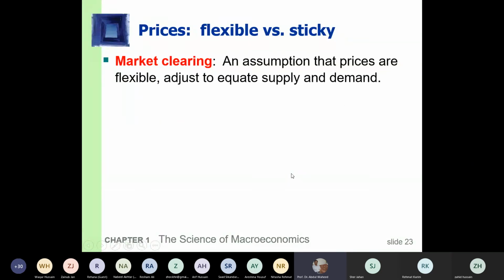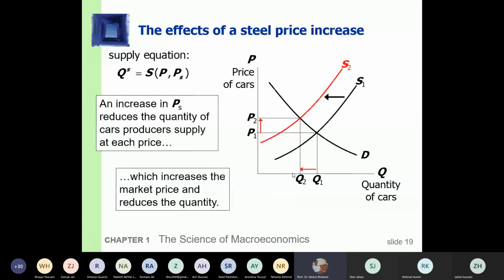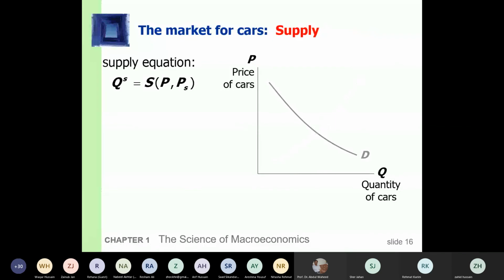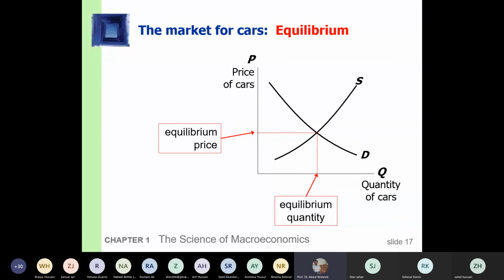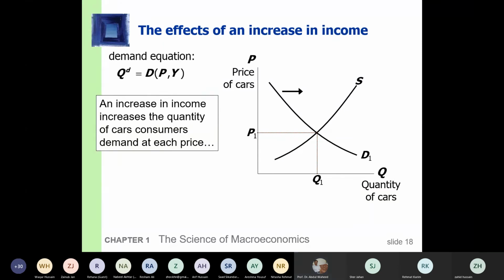This is our assumption. You see here, there was equilibrium, and then an increase in income. Demand increases, then there is a disequilibrium in the market.